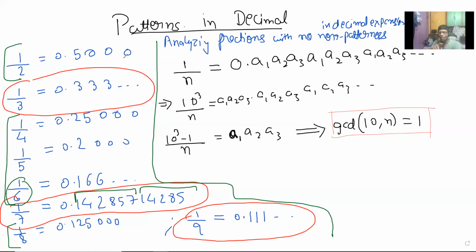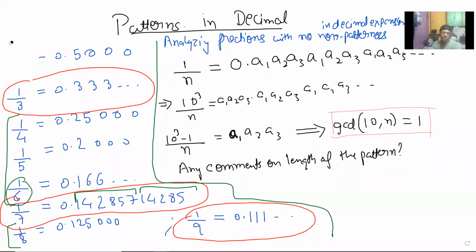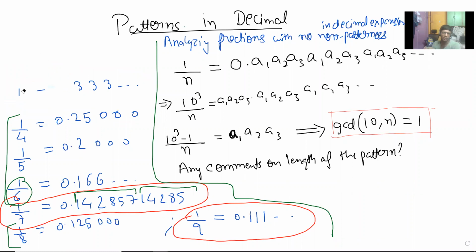Can you guys say something about the length of the pattern from here? That is a little tricky, but any comments on the length of the pattern? It has to do with this 3 and n dividing 10 to the power 3 minus 1.